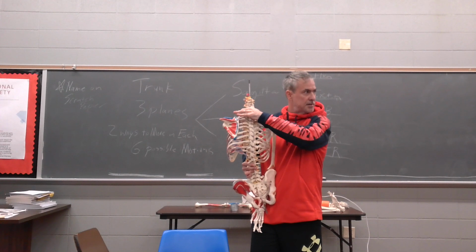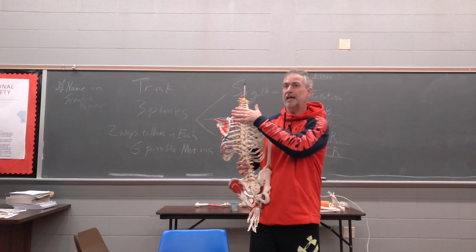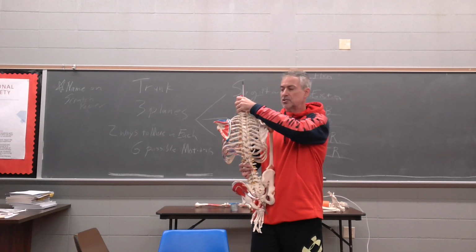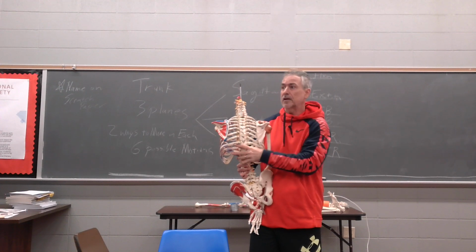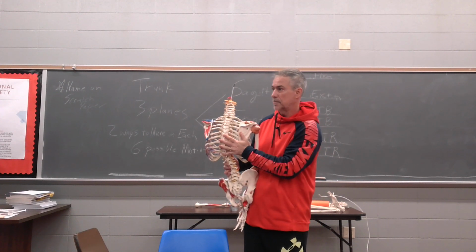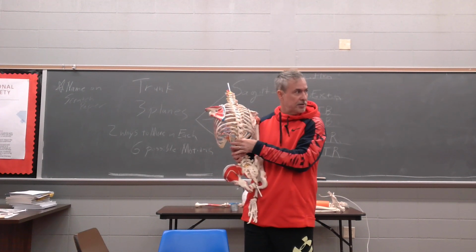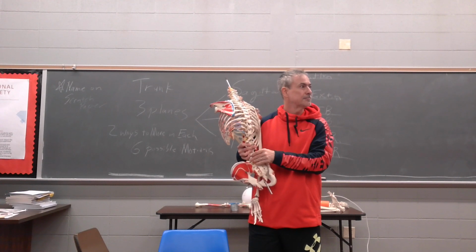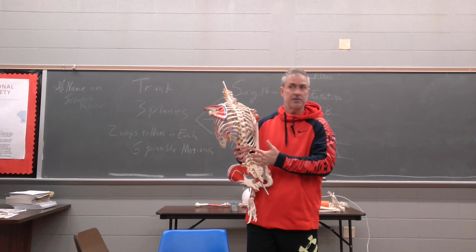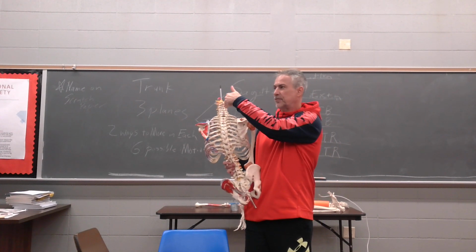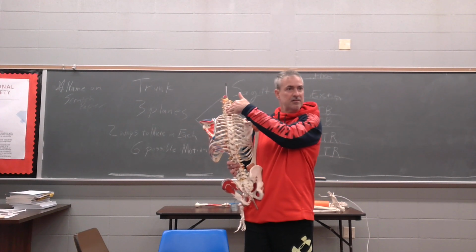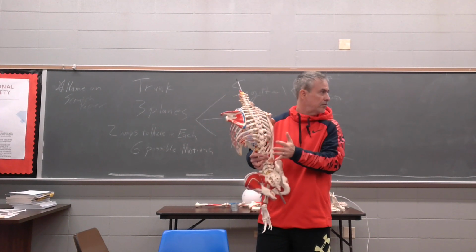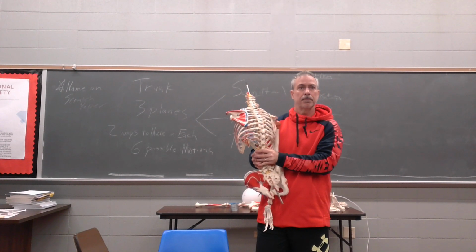You start to get ribs at T1 through T12, and that's actually why we separate cervical from thoracic. It's the fact that these have rib articulations. And when you run out of rib articulations, that's when you get to lumbar. If you remember from anatomy, we've got 7, 12, and 5, right? Breakfast at 7, lunch at 12, dinner at 5.